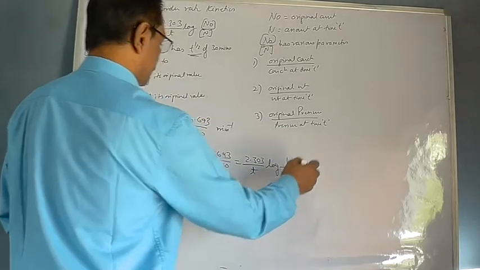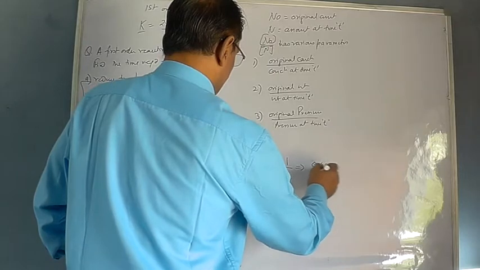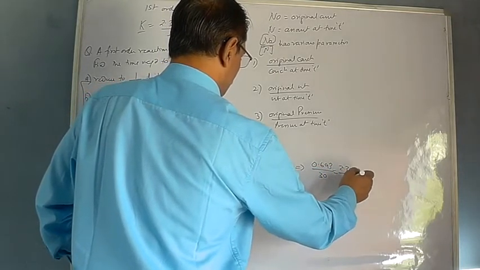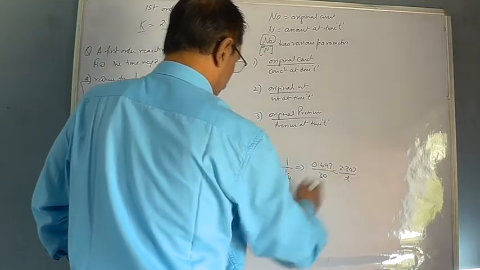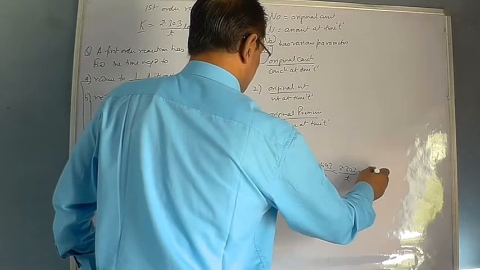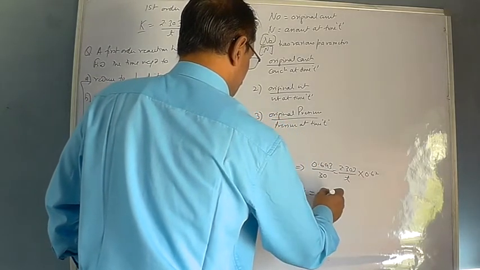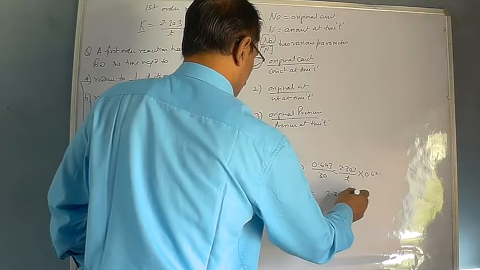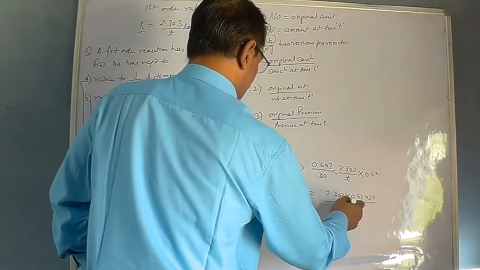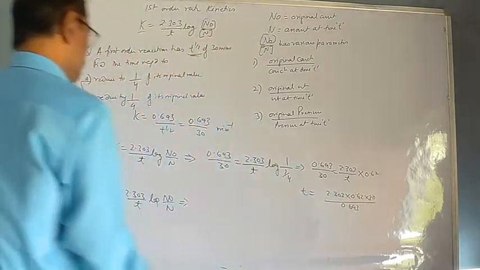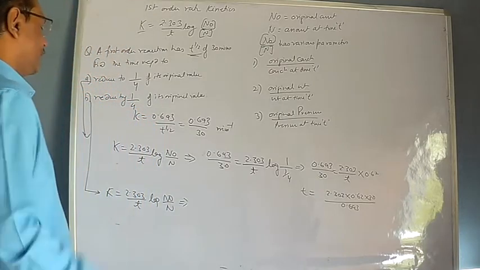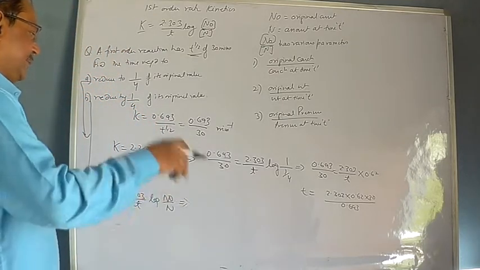In the next step it becomes 0.693 divided by 30 equals 2.303 upon t log 4, and log 4 is 0.62. So t will be equal to 2.303 into 0.62 multiplied by 30 divided by 0.693. In the second case, class, reduced by 1/4 means 1/4 has gone and 3/4 has been left behind.